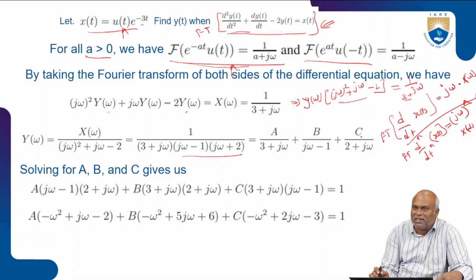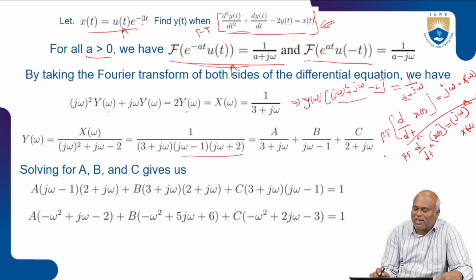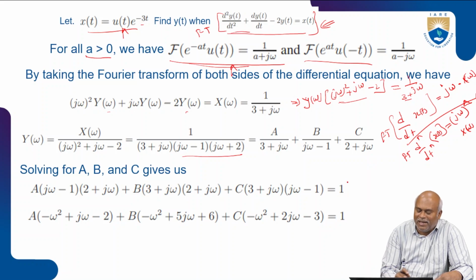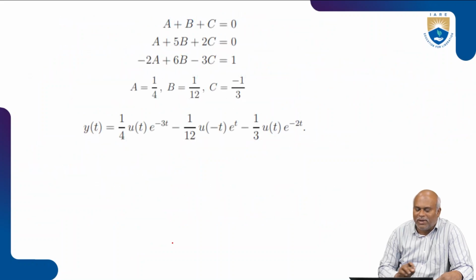Now based on this partial fraction case, I need to find A, B, C. I do the cross multiplication. The value is equal to 1 on the right side; the left side has the combination of A, B, C. I multiply inside all the terms, then substitute the values of j omega, such as j omega equal to minus 3, 1 and minus 2, and separate them.